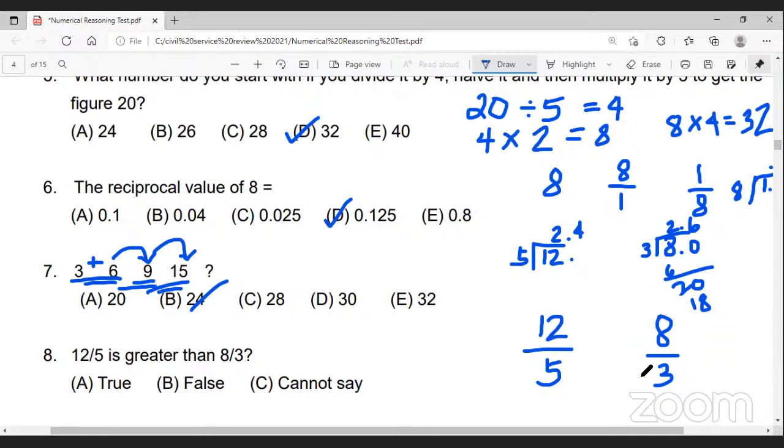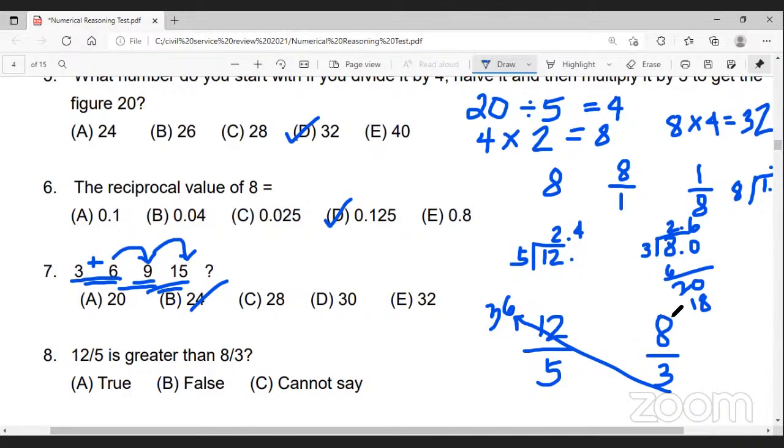The butterfly strategy of multiplying cross, the denominator of one to the numerator of the other fraction. Try to multiply 3 and 12. The product is 36.